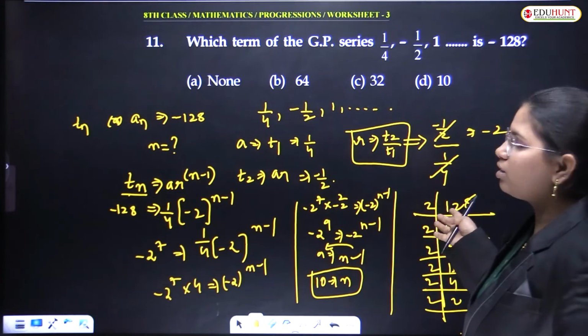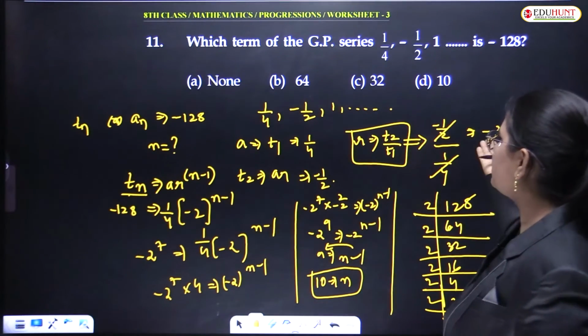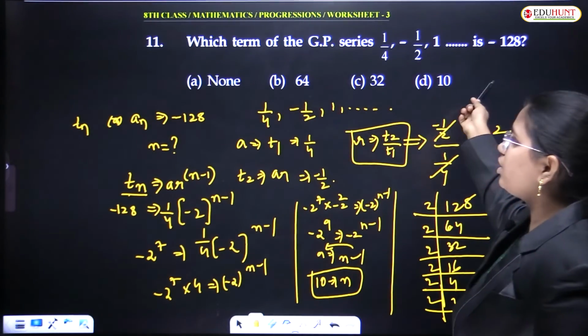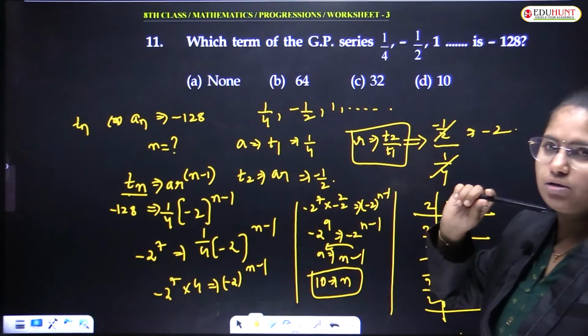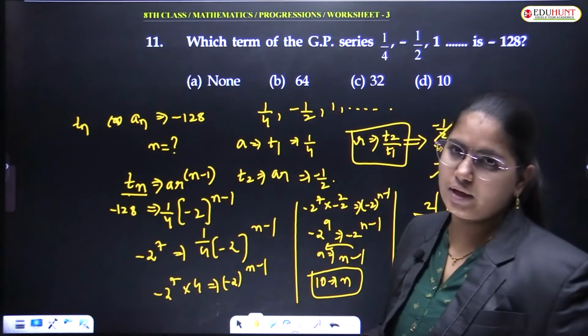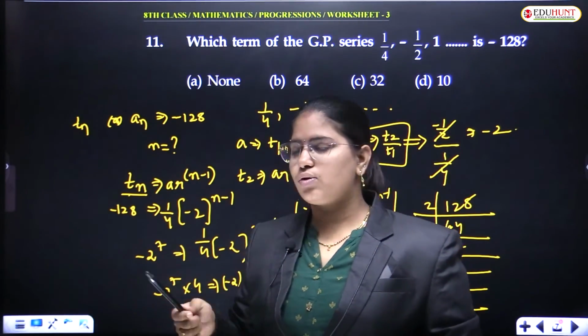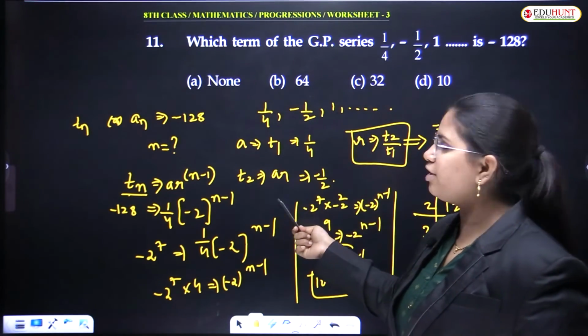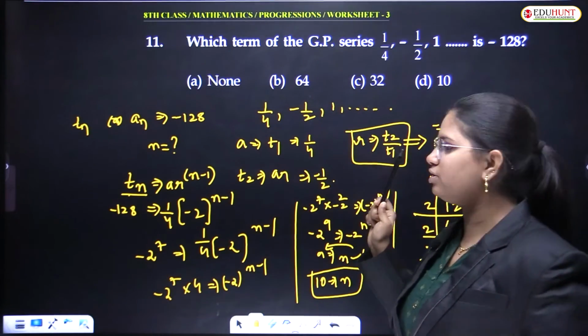It's a very good question. It's a given series, and here you need to find at what place it takes minus 128, that is, the value of n. So what did I do? First I took the value of A and found the common ratio from the given question.